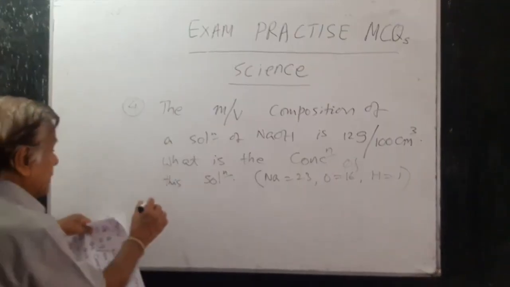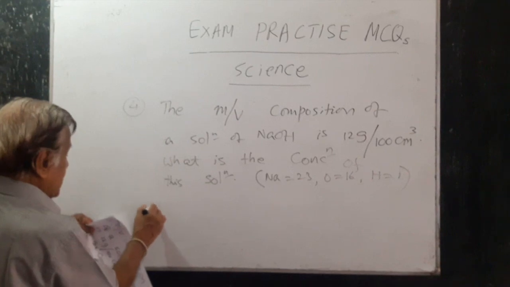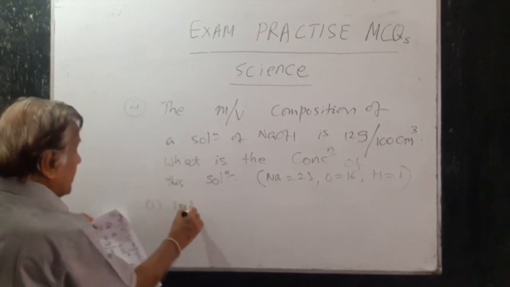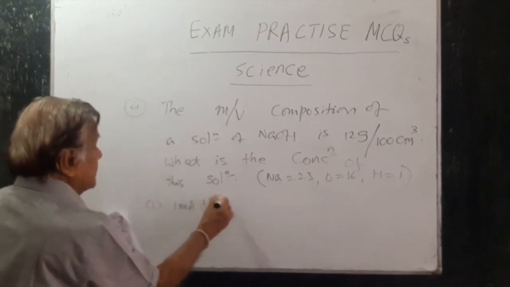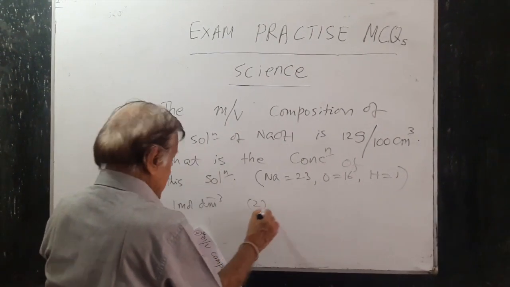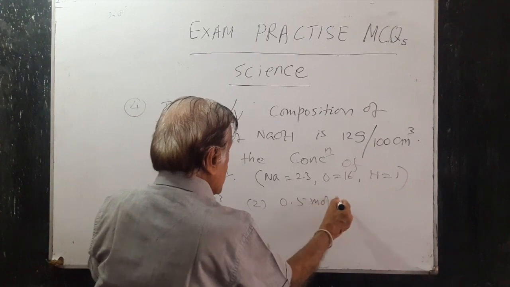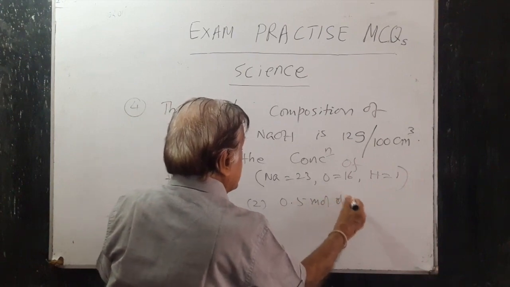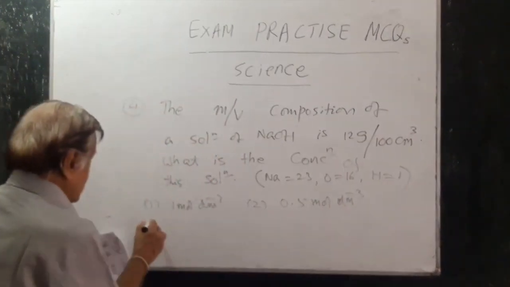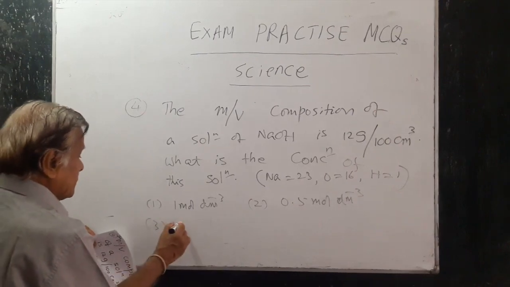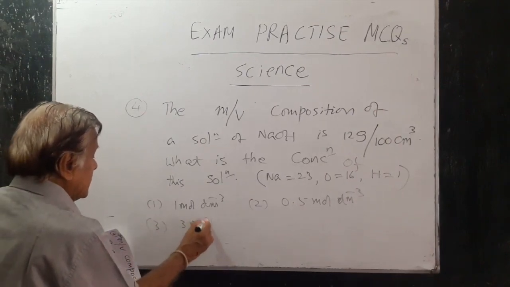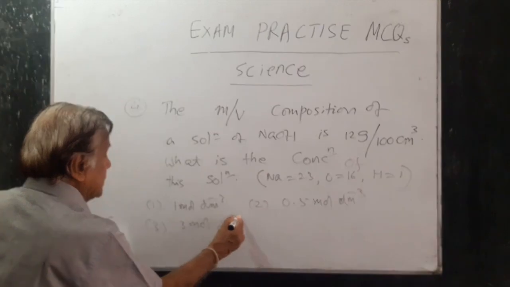Now, these are the answers. First one, 1 mole per cubic decimeter. Second answer, 0.5 moles per cubic decimeter. Third one, 3 moles per cubic decimeter.